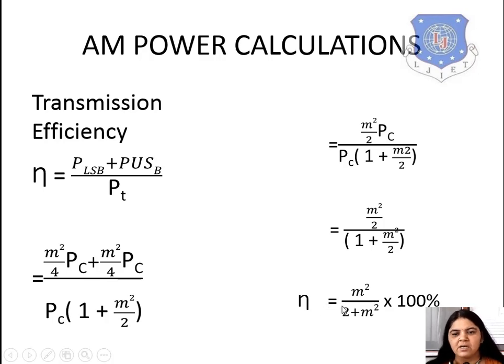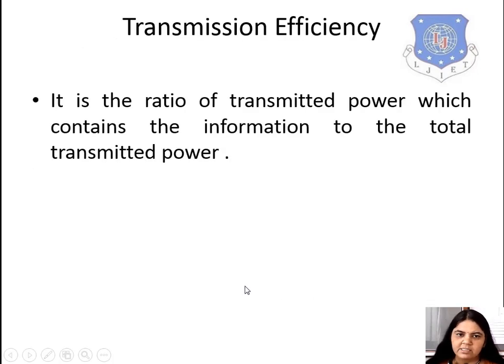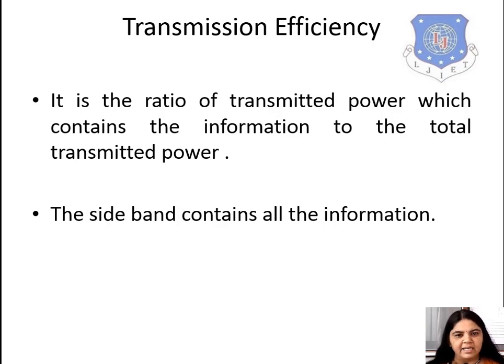Transmission efficiency is multiplied by 100, so it is in percentage. As I said, the transmission efficiency is the ratio of the transmitted power which contains the information to the total transmitted power. So it is PLSB plus PUSB, that is the information, divided by the total transmitted power PT. So we can have an idea about the transmission efficiency.